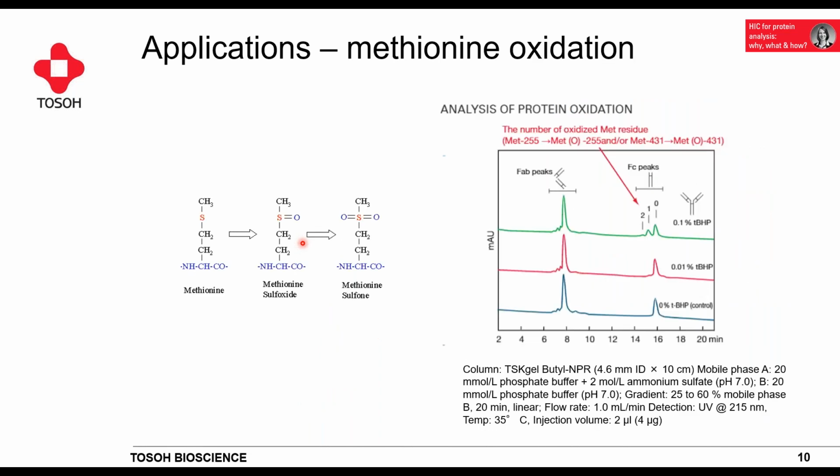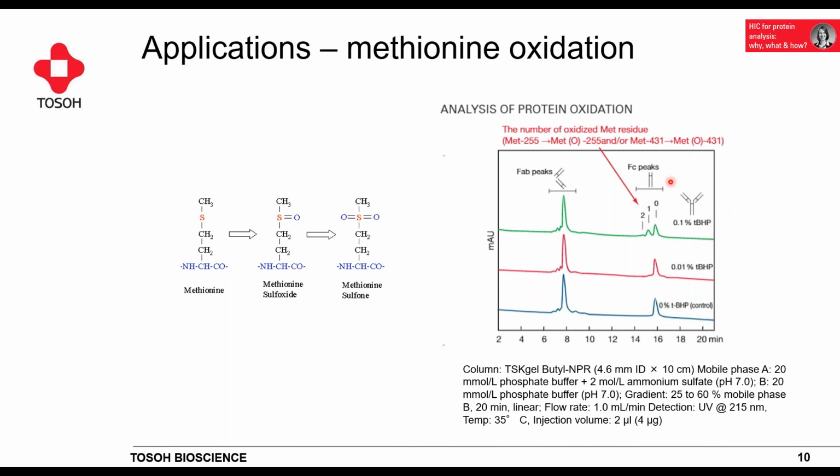Now with that, another very small modification, oxidation. Here it's a little easier to detect it, or to induce the oxidation, because what we did here is we digested a full antibody into the Fc part and the Fab arms, and those digests we treated with an oxidizing agent, from 0%, so no oxidizing agent, up to 0.1% of the oxidizing agent.